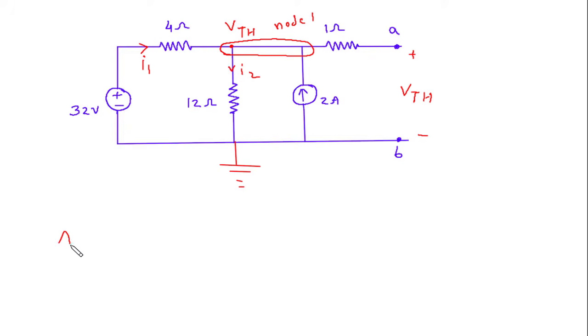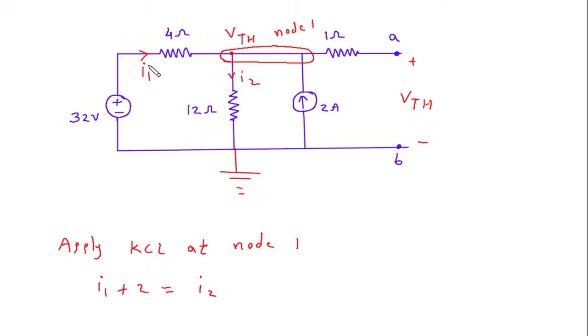So now apply KCL at node 1. So entering current is I1 plus 2 ampere. Summation of all the entering current is equal to leaving current. Leaving current is I2.